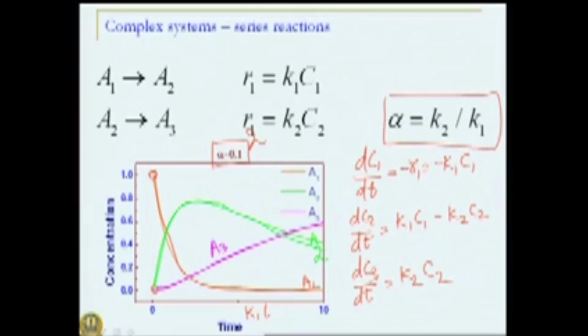Now, let us bring in a more realistic situation where we say that A1 going to A2 going to A3 is my reaction, but my main or desired product is A2, and A2 going to A3 is an undesired reaction. I do not want it, but it is inevitable that it happens in the reactor.